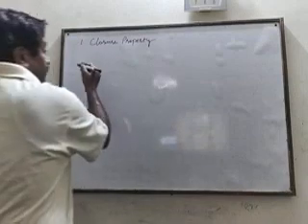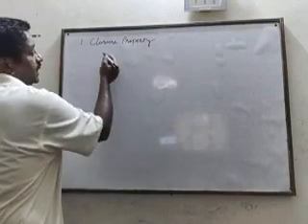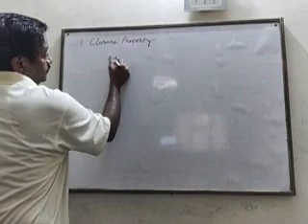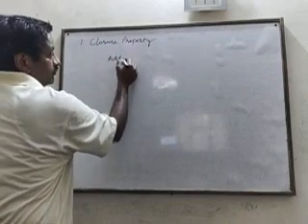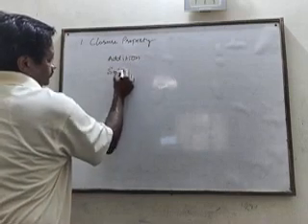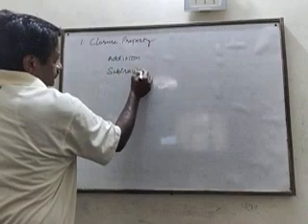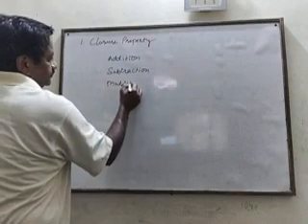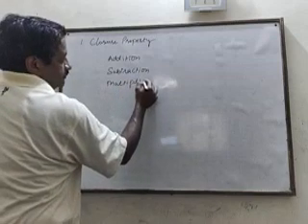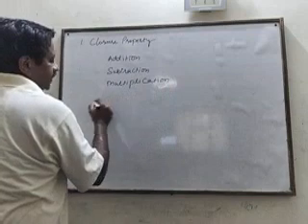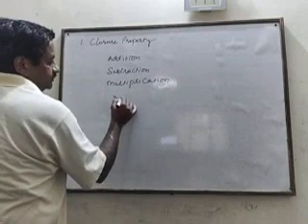Now we are talking about integers. So integers are closed under addition, under subtraction, under multiplication, but not in division.